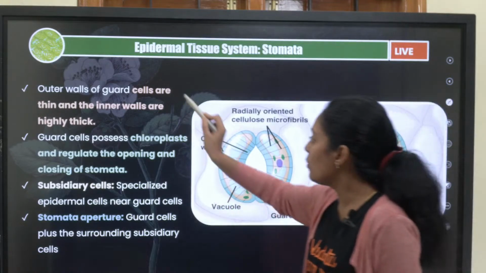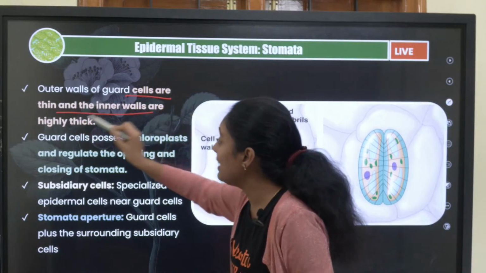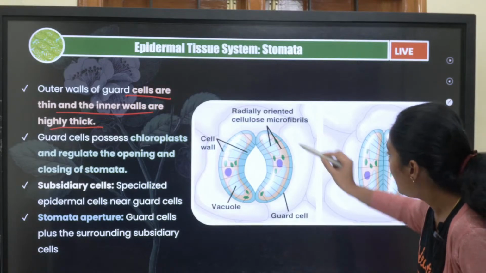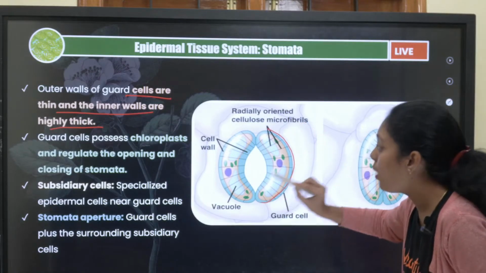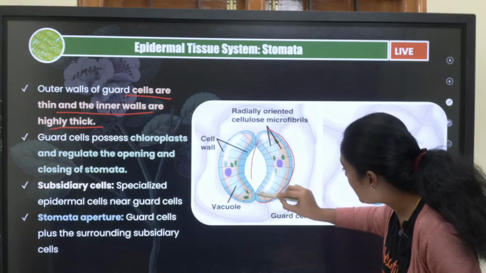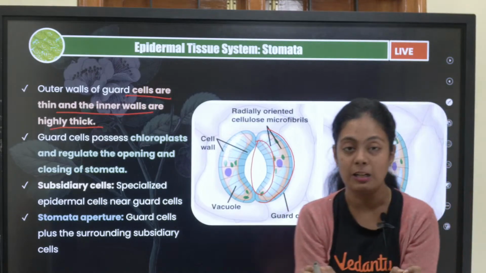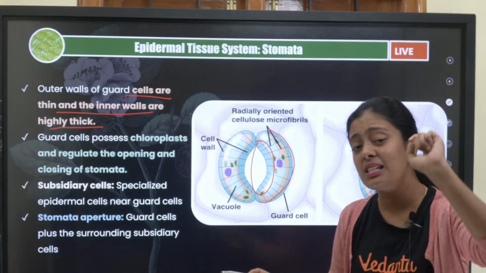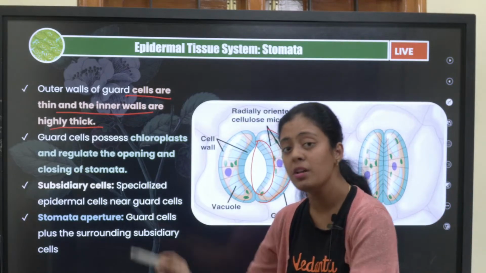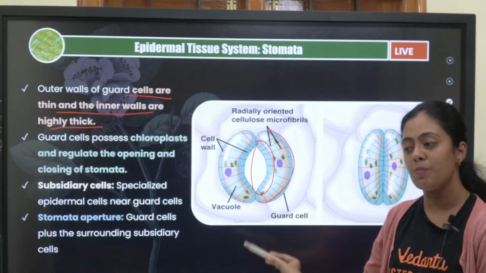The outer walls of the guard cell are thin and the inner walls are highly thick. This line is very important. The outer wall is very thin, and the inner wall is highly thick. Every line is a potential question in your exam. Now that secondary growth has been removed, there can be more questions from this part.